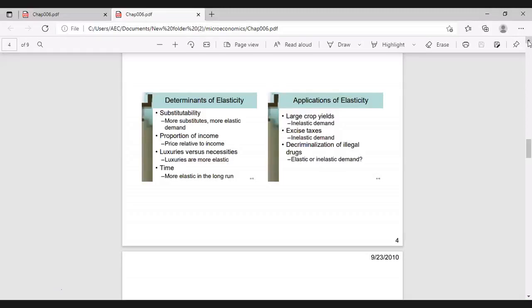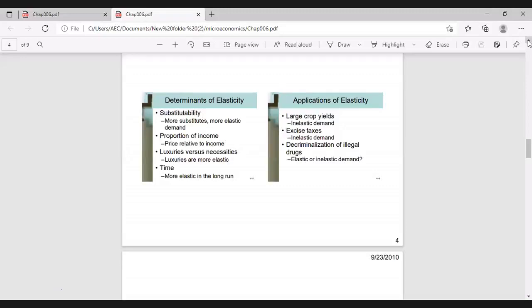Even if the mutton price increases for a few weeks, they will not reduce the quantity demanded. But later they will realize they are spending more money on mutton, then they will shift to chicken because chicken is relatively cheap. After one or two months, they will shift to chicken and buy less mutton.